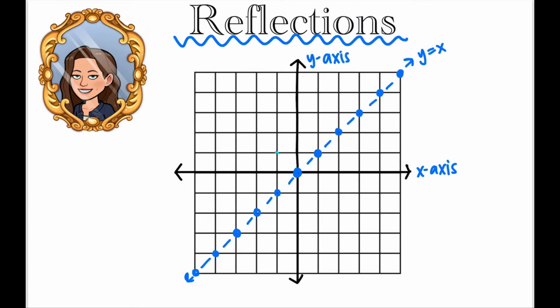Likewise, you can also have the line y equals negative x. It's the same diagonal line, it's just going in the opposite direction. So this would be the line y equals negative x.